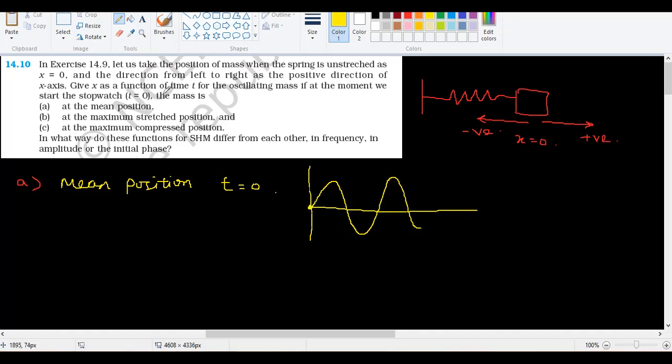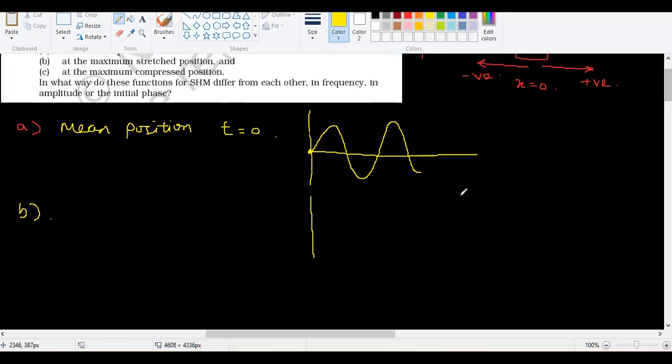Suppose you had started from here, which is the next question, the maximum stretch position, then you could have taken the cos like this. So for the B part, I would start at the maximum stretch position. Stretch position means the spring is stretched like this, from the mean position.